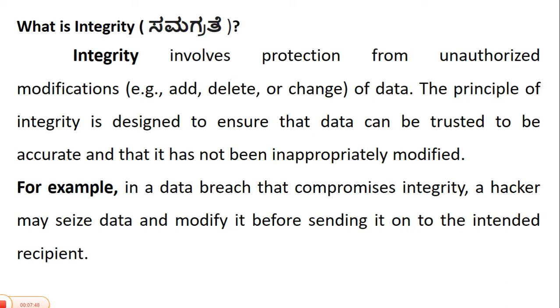For example, in a data breach that compromises integrity, hackers may seize and modify the data before sending it on to the intended recipient. Before sending the data, the hackers modify it and then send it. So we have to protect against that also.